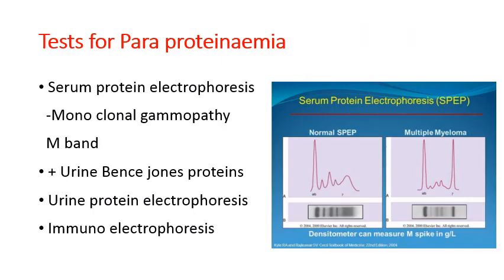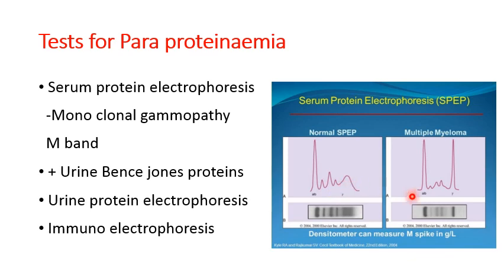And then if you want, we can test for paraproteinemia by doing serum protein electrophoresis. Now this is the normal serum protein electrophoresis in a normal person, where you get this spike due to albumin, then beta 1, beta 2, and this is gamma globulin.